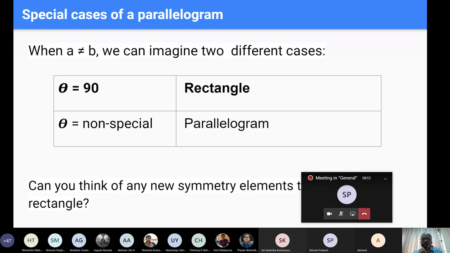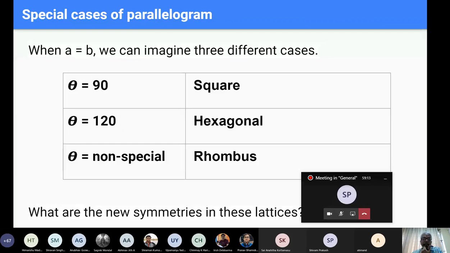These lines are basically along the edges of the rectangle, and they are also lines parallel to A and B going through the center of the rectangle. So that's nice. And therefore we have the rectangular lattice as a special kind of lattice in our list of possible lattices in 2 dimensions.